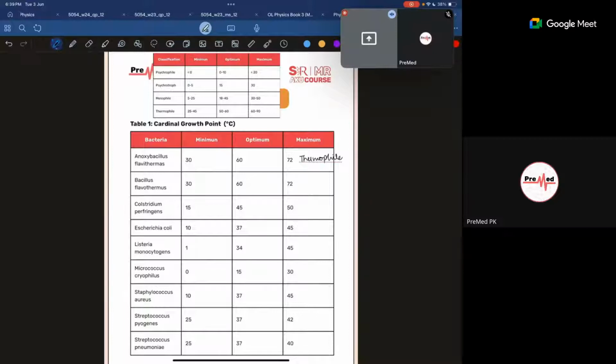And we can see for all the other three, the bacteria doesn't fall in any of these ranges. The second one has a minimum of 30, optimum of 60, maximum of 72. That is the same as the first one, so this is also a thermophile.